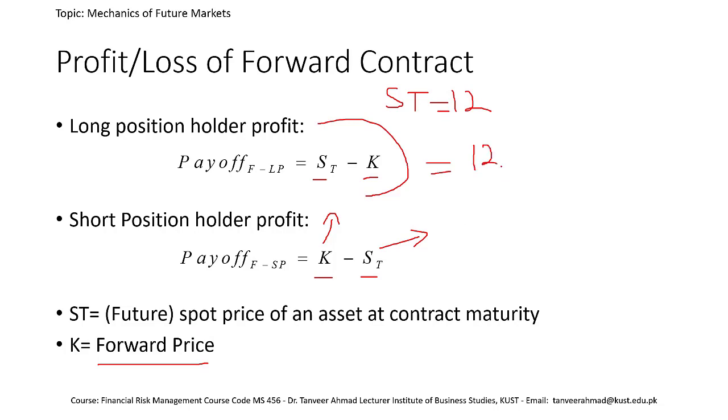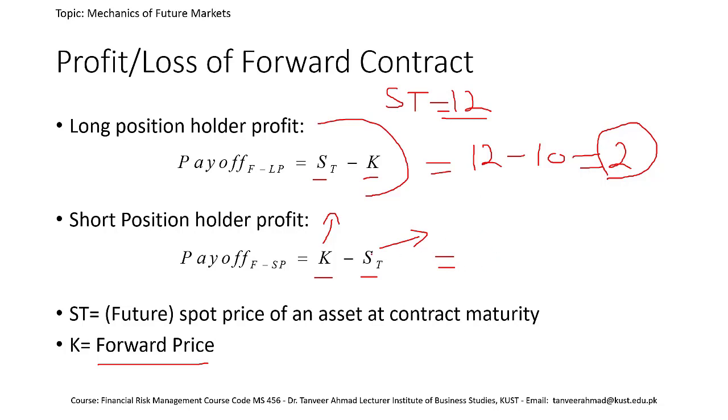It would be 12. And the price they have agreed, the forward price, is 10. So the profit of the long position holder when the price increases to $12 is $2 per bag.